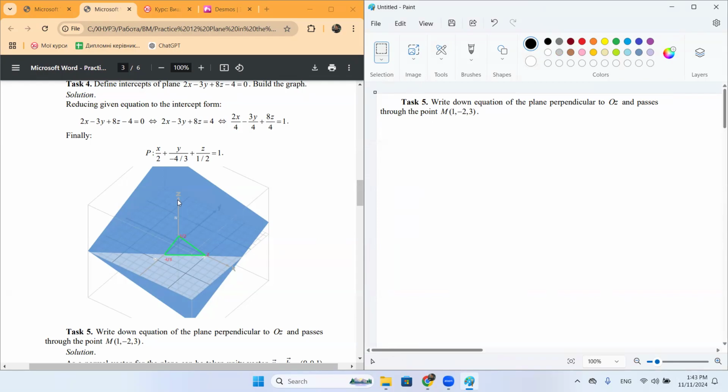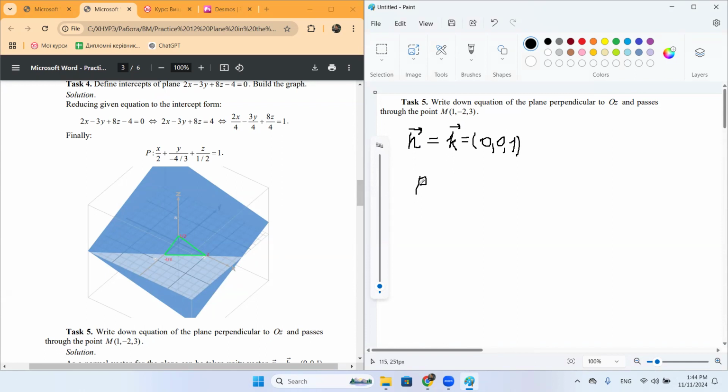It is perpendicular to the z-axis. So what is the normal vector? Probably 0, 0, 1. Yeah, it's the unit vector of the coordinate axis z, so 0, 0, 1.